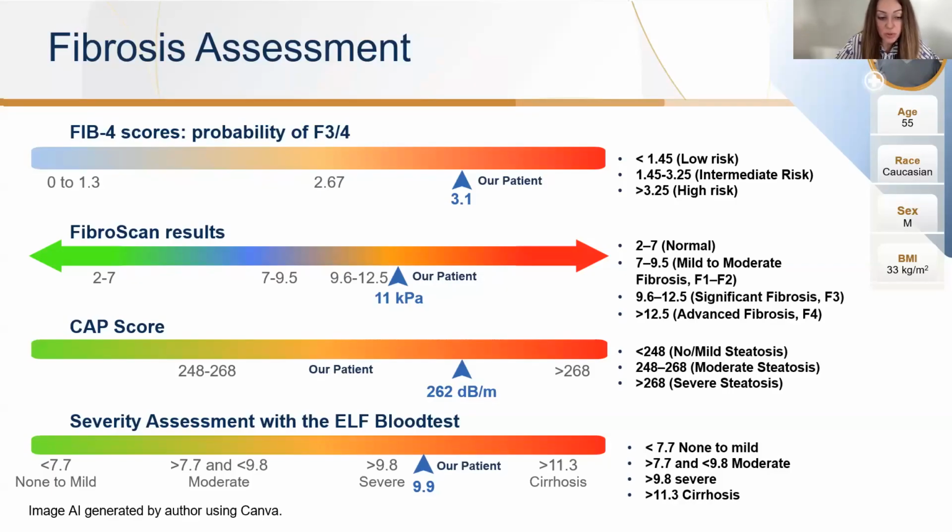And in addition, it also provided a more exact assessment of the degree of steatosis in the liver, which in this case was severe based on a controlled attenuation parameter, CAP, of 262.